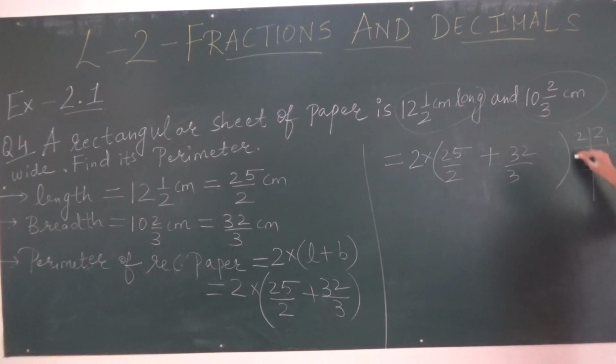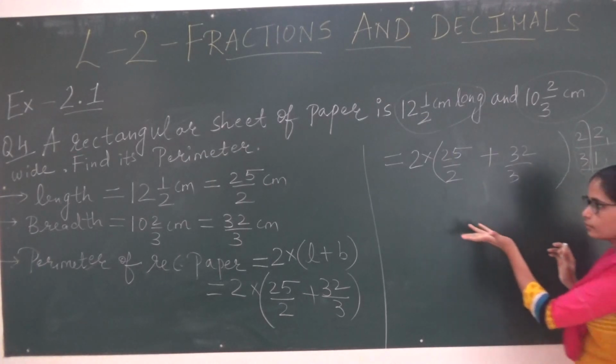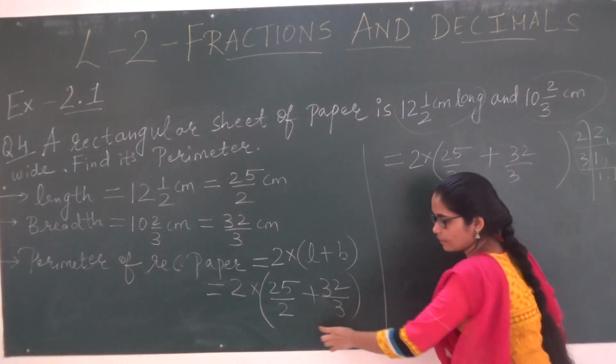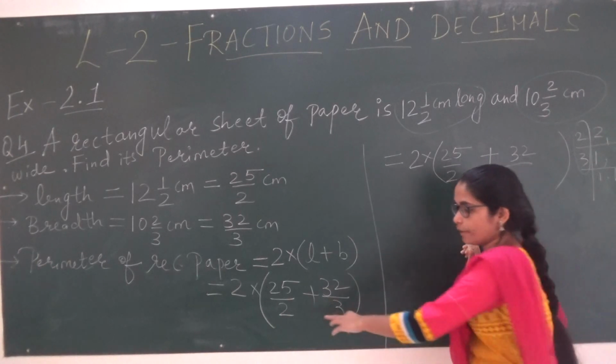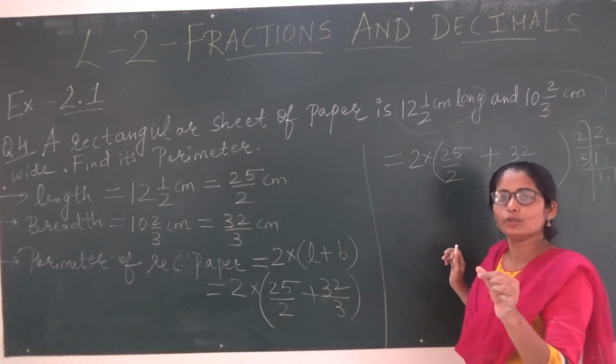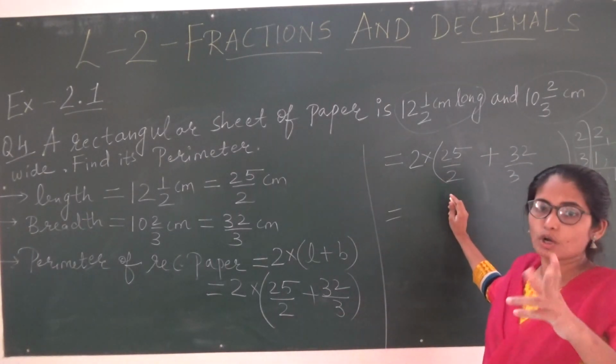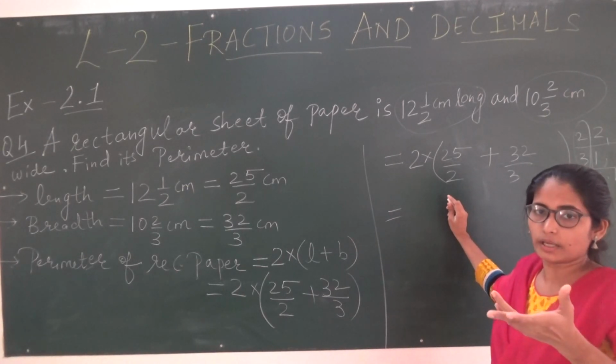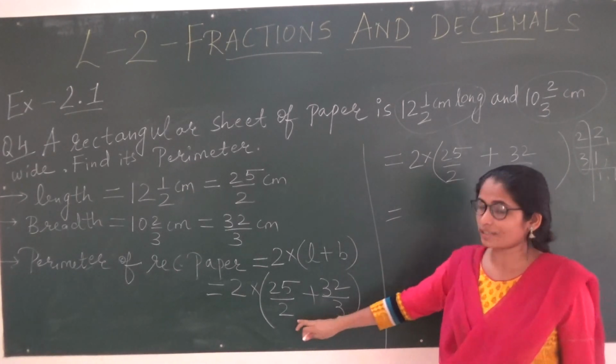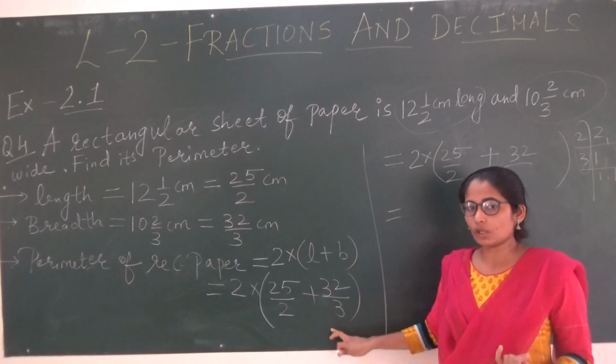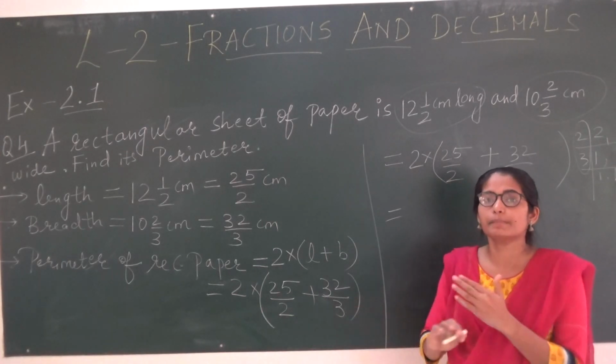Multiplying these both, the LCM will be 6. This is a shortcut: if an odd and an even number are given in the denominator, you directly multiply. But it is not always applicable for odd and even; you need to see that the numbers should not come in any common table. 3 should not be in the table of 2 and 2 should not be in the table of 3, they should not be multiples of each other.